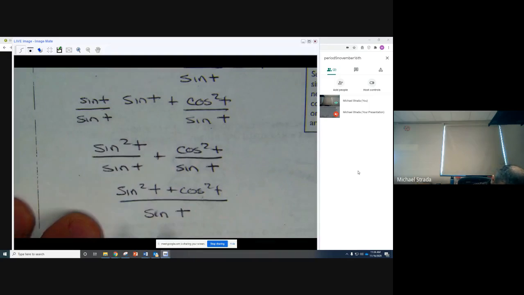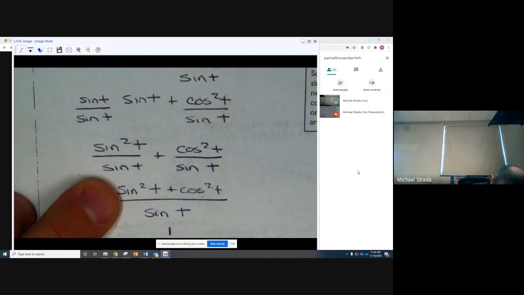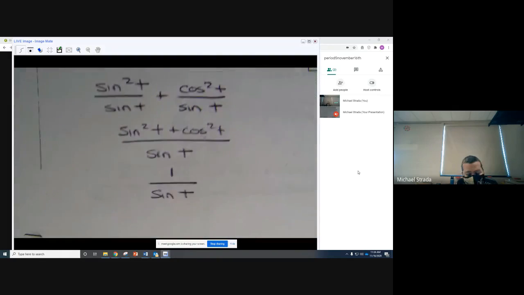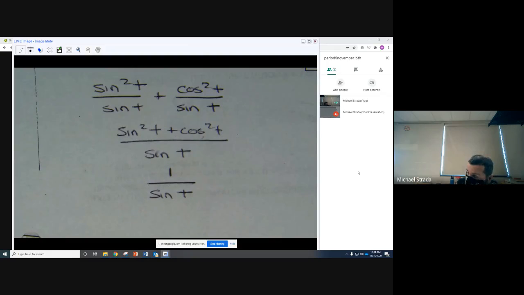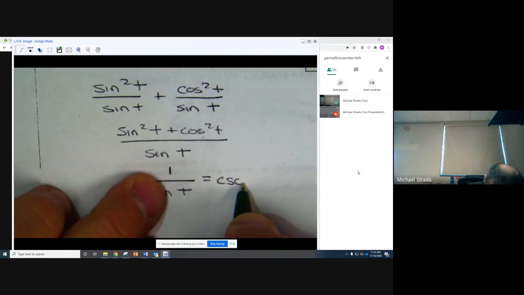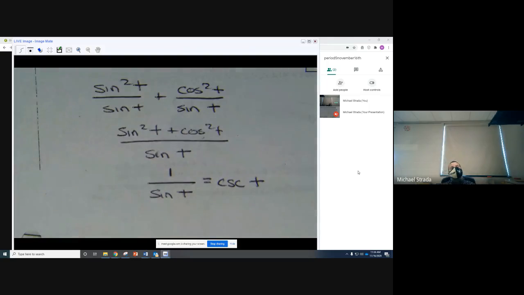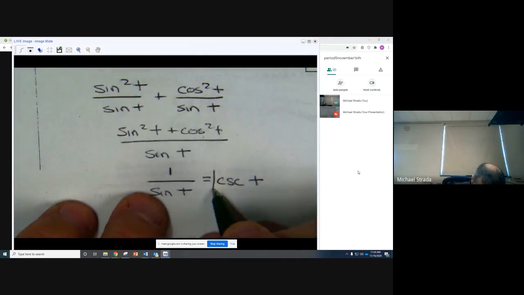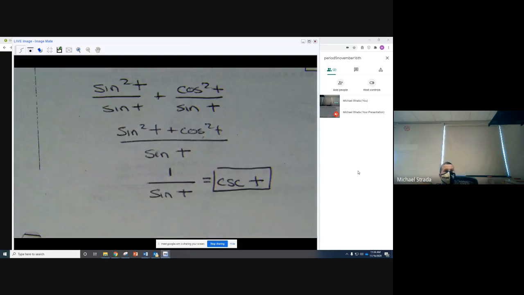Sine squared plus cosine squared is 1. So 1 over sine t. And then reciprocal identities. 1 over the sine is the same thing as cosecant. So your final answer would be cosecant of t.